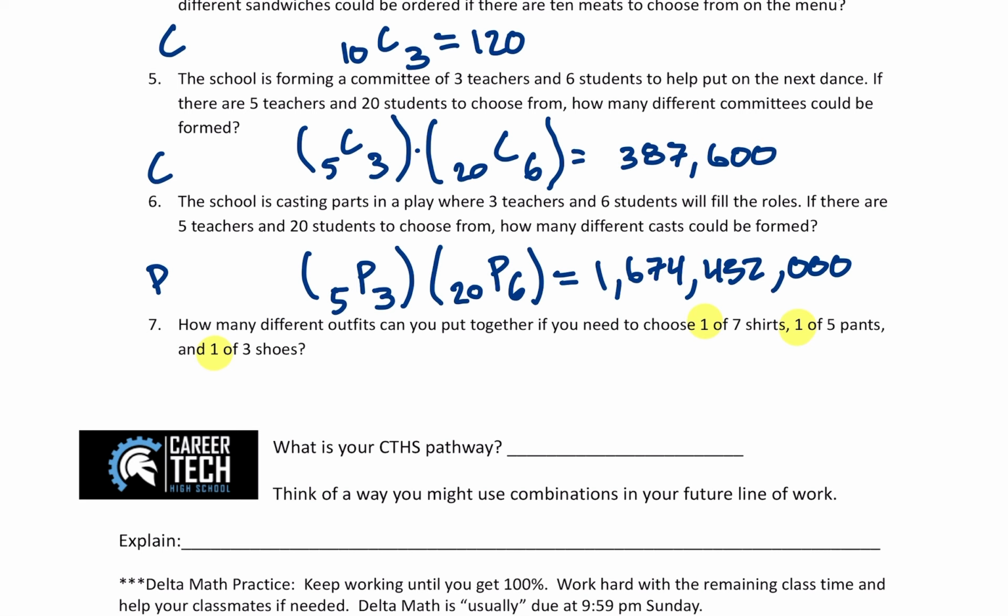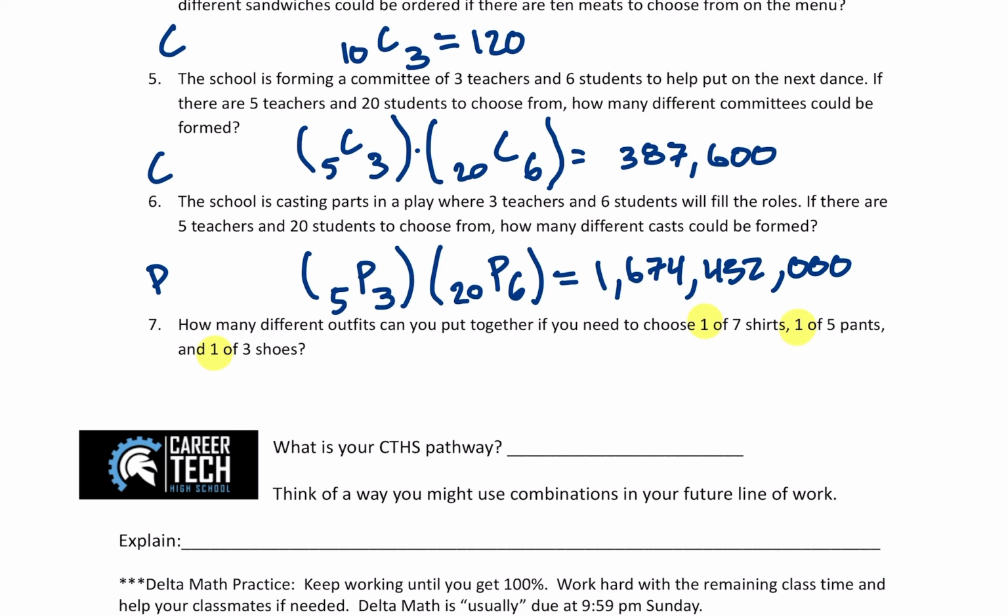So we're always choosing 1. And earlier we decided that if we're choosing 1, it doesn't matter whether it's a permutation or a combination. They'll give you the exact same answer because when we're only choosing 1, we have no order. So we can't say whether it matters or not because there is no order.